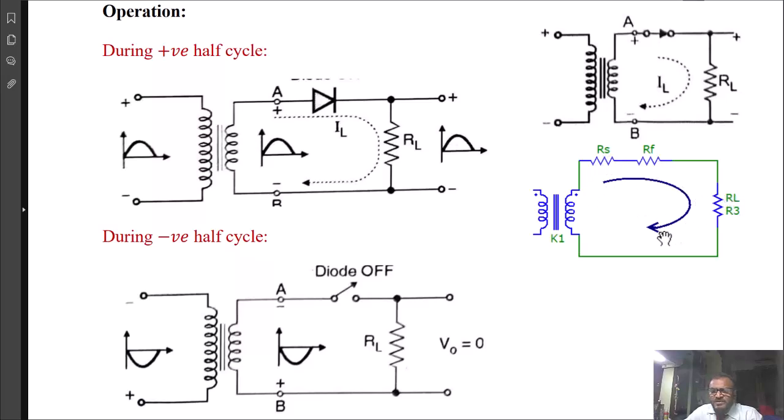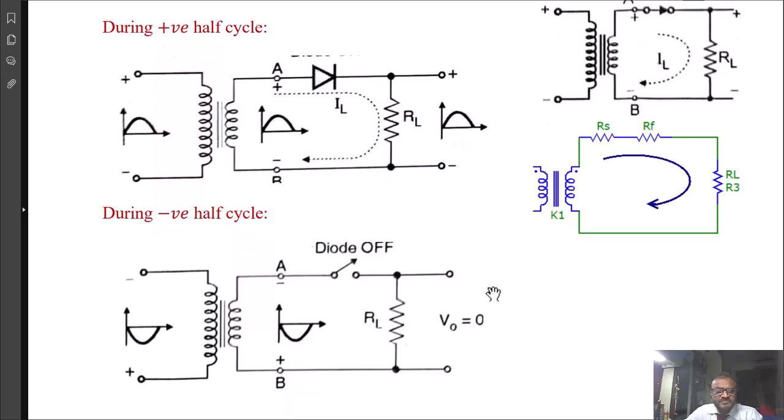Therefore, the current flowing during the positive half cycle, say ILDC, is equal to the secondary voltage, denoted by Vm sin omega t, divided by Rs plus Rf plus Rl. The peak value of the current is given by Vm divided by Rs plus Rf plus Rl. This is a Kirchhoff's voltage equation.